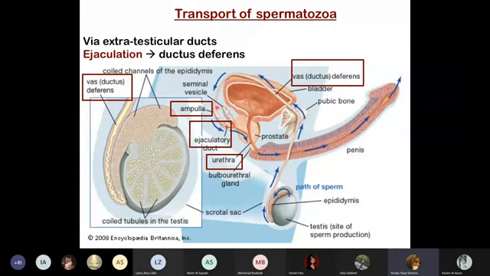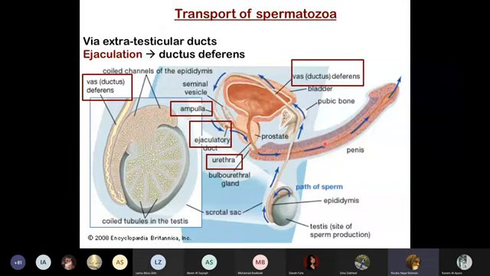They continue, they get secretions from the bulbourethral gland, which is the Cowper gland, and they reach the penis, and they are ejaculated outside, mixed with all of these secretions from these accessory glands. And this is what we call the semen. So the semen is this mixture of all of these secretions.